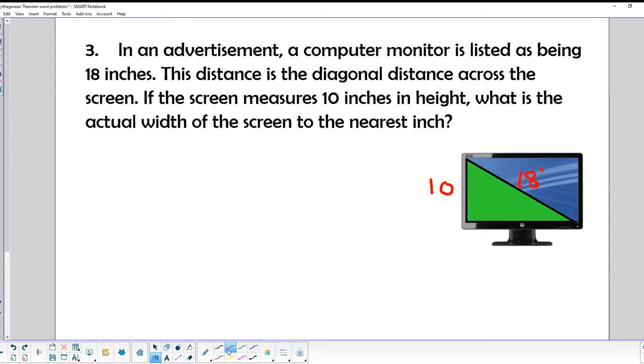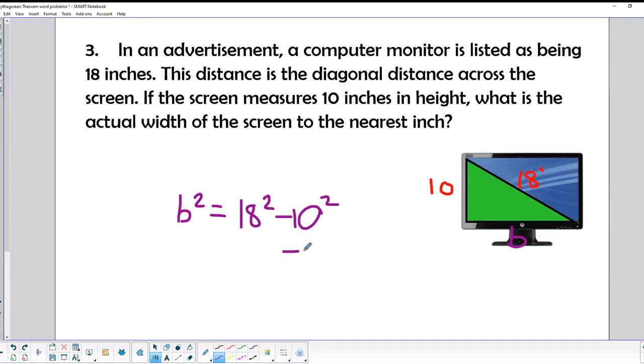So what we're really trying to find is how long the base is, or how long it is across here. So we're looking for B. Let's write out our numbers. We're going to have B squared equals C squared minus A squared, which is 10, right?